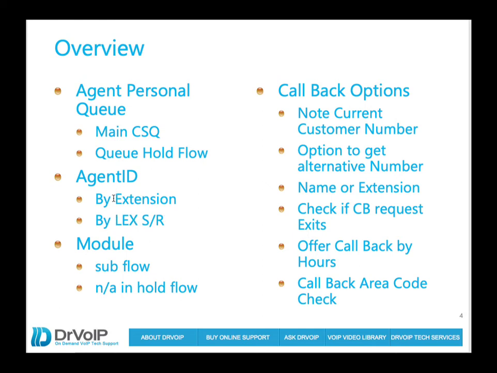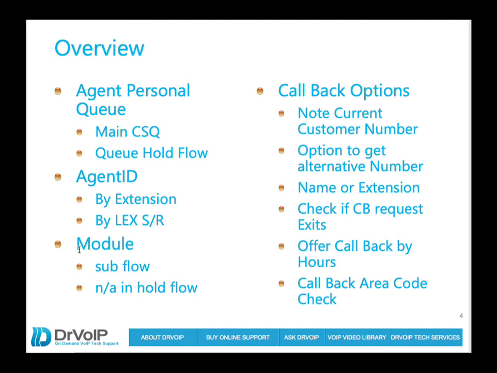So rather than asking for an extension number, you can speak the name of the agent you're trying to reach, and then convert the name through Lex to an extension number. And from the extension number, get the agent ID and transfer the call to the agent ID. What's implied there is that every agent actually has a personal queue. You just can't easily see it, but it's there.